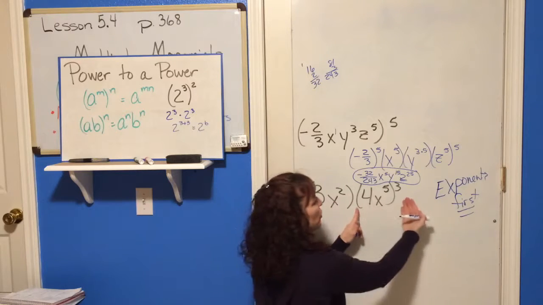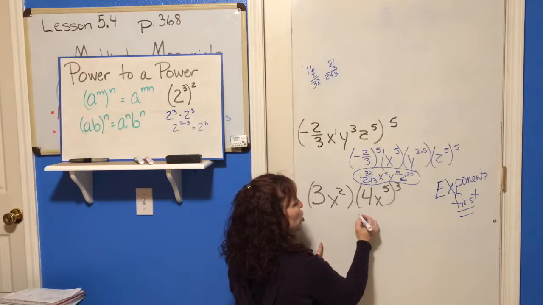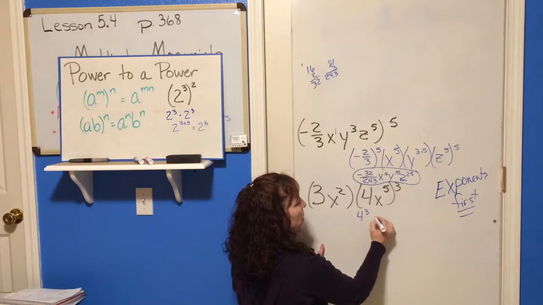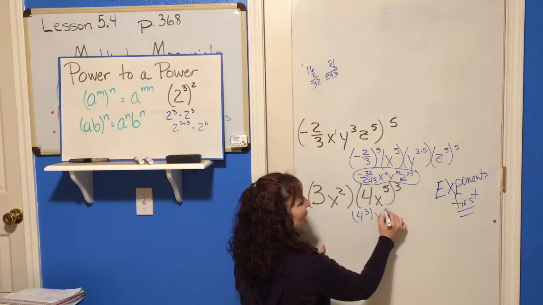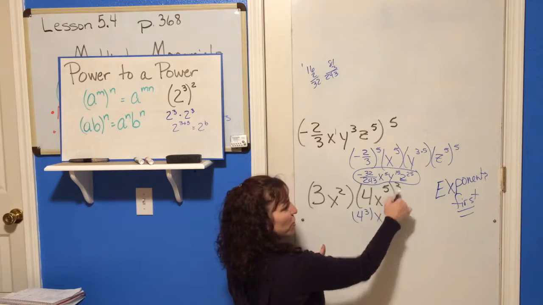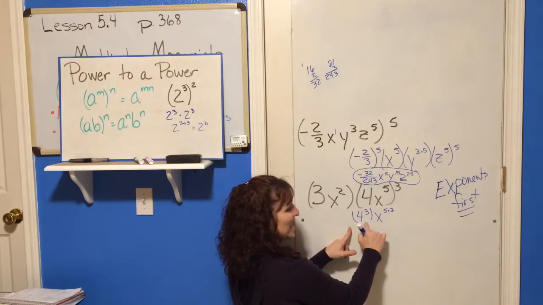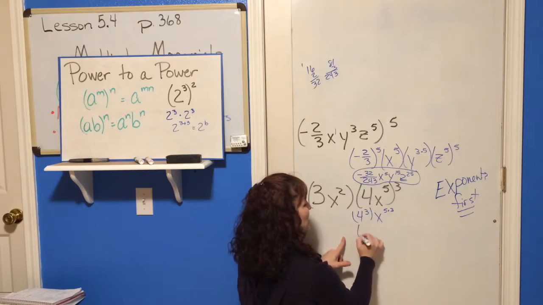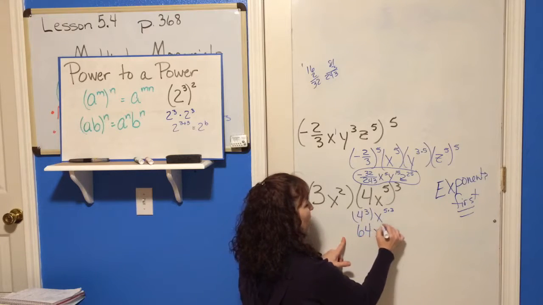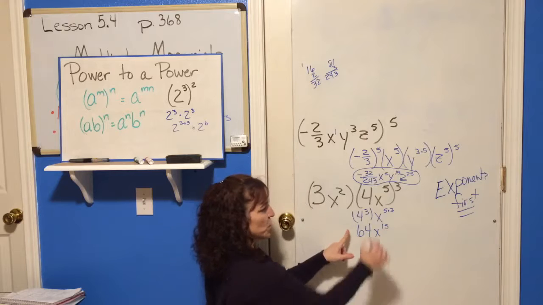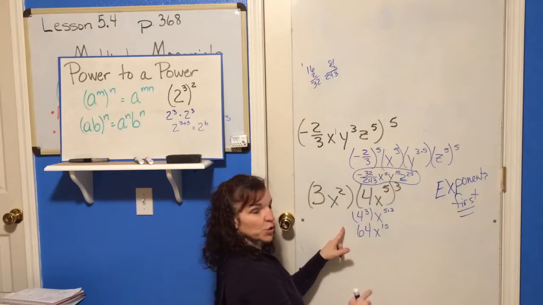All right, so first raise this to the third power. So you've got 4 to the third power times x to the 5 times 3, because the fifth power is raised to the third power. So this is going to be 4 times 4 is 16, times another 4 is 64, x to the 15th. So that's this part raised to the third power.